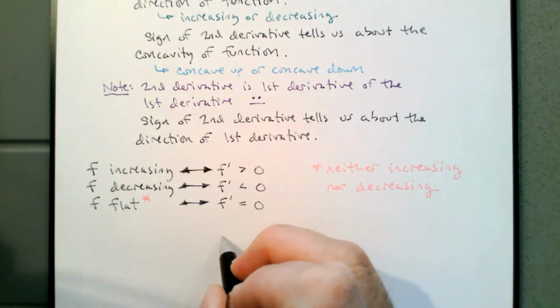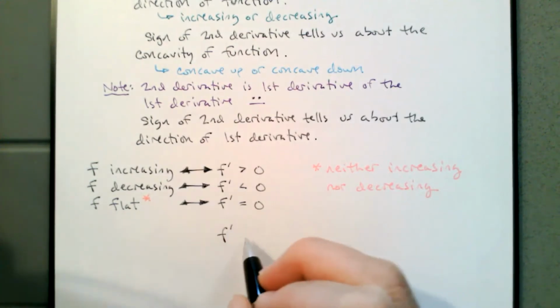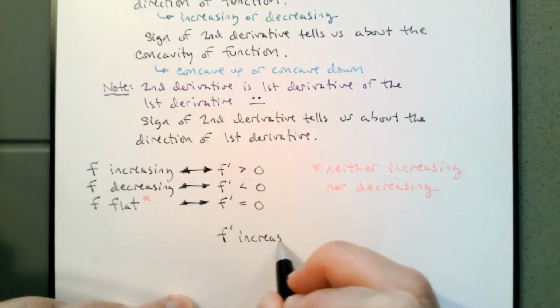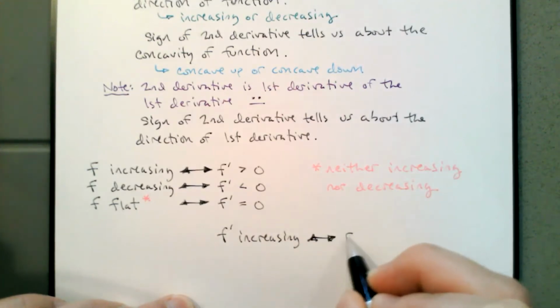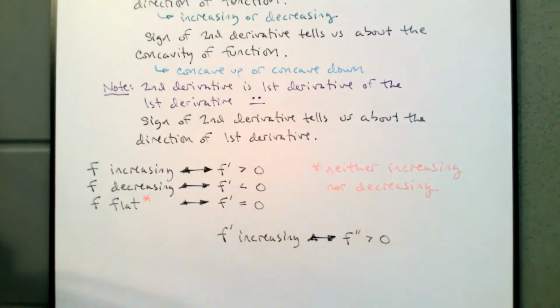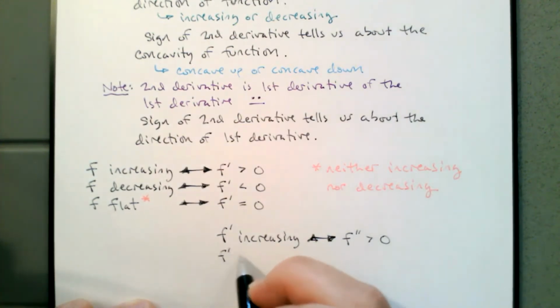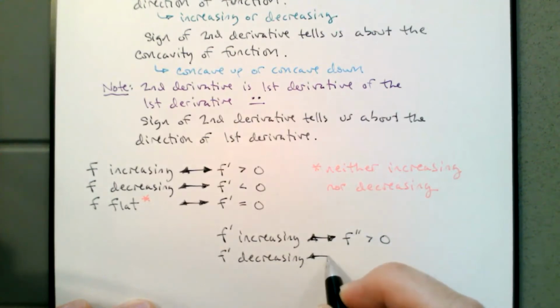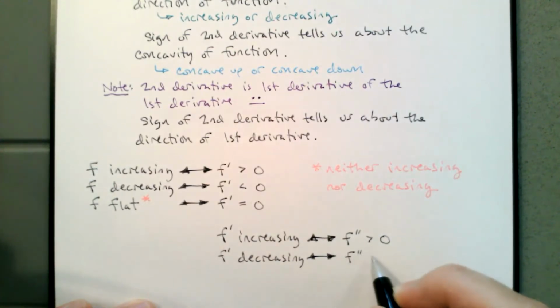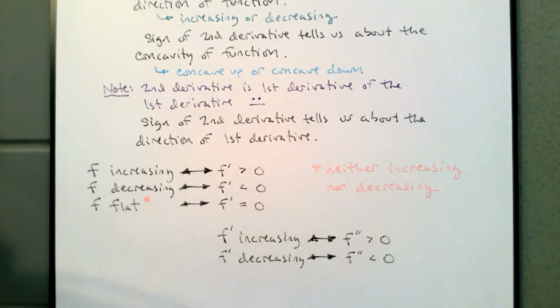If f prime is increasing, that means the second derivative is positive. If f prime is decreasing, that means the second derivative, f double prime, is negative.